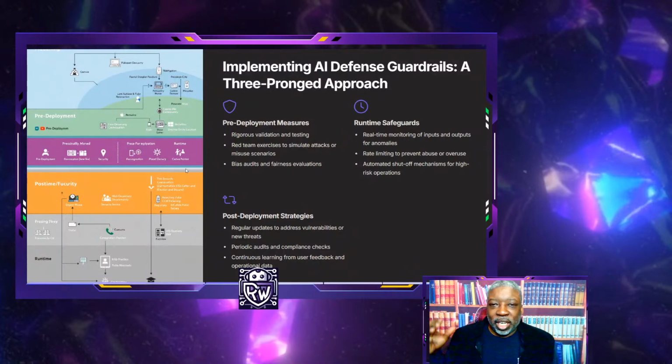Now you want to actually deploy it. It's passed all your QA tests. It's in prod. So what do you do while it's in prod? You want to monitor it in real time for inputs and outputs, because there's this thing called SQL injection. So you can do SQL injection inside of ChatGPT.